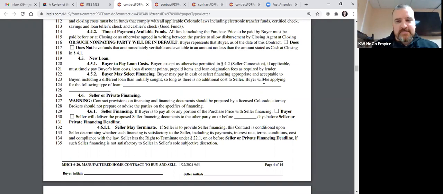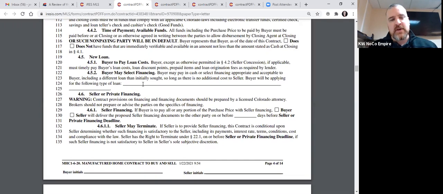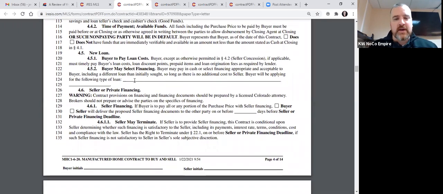In this case, it just says buyer's going to be applying for whatever type of loan. So probably if it's a true manufactured mobile home, as you and I think of them, probably not going to be an FHA or VA loan, right? Probably conventional loan, portfolio loan, private money, hard money, right? Whatever type of loan it is that they're going to be pursuing, then you would write that in there.